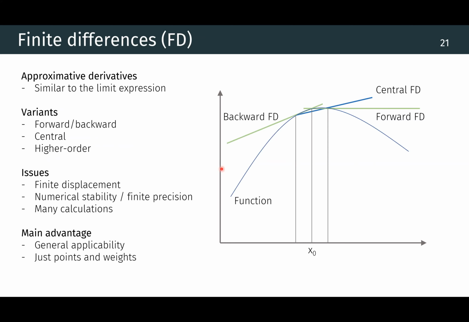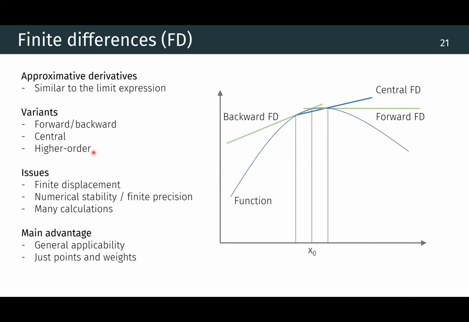So they're motivated by this limit expression, and you can do different versions thereof. They're all commonly implemented in typical libraries for that. You can also use more points forward and backward, so that would be higher order flavors.